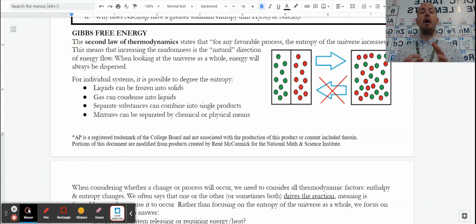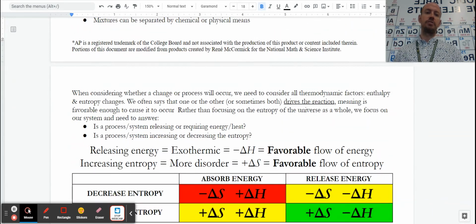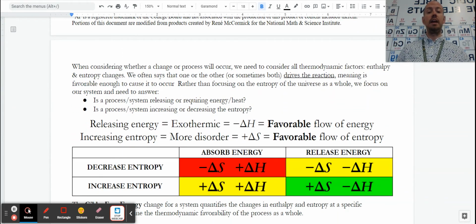So we have to think about all thermodynamic factors. And when we do that, we're thinking about the two main factors. One is what we just described and talked about, entropy. How random are the particles? The other is the energy, maybe in a more classical sense, the heat or the temperature.